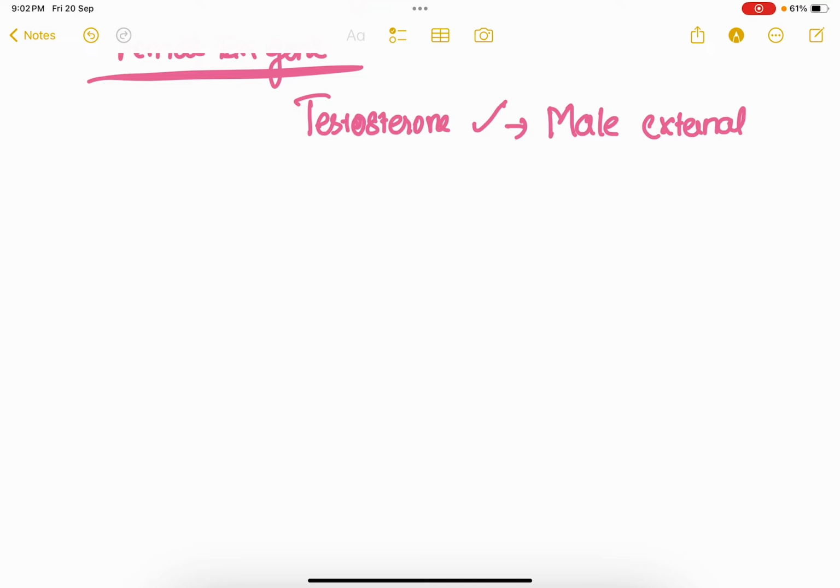But if testosterone is absent, then the external genitalia is going to be female. If testosterone is present, there is going to be masculinization of the external genitalia, so male external genitalia will be present. If testosterone is absent, female external genitalia is going to be present.